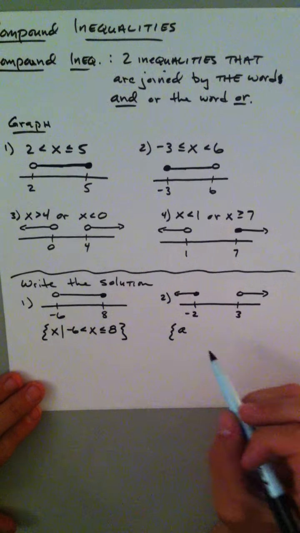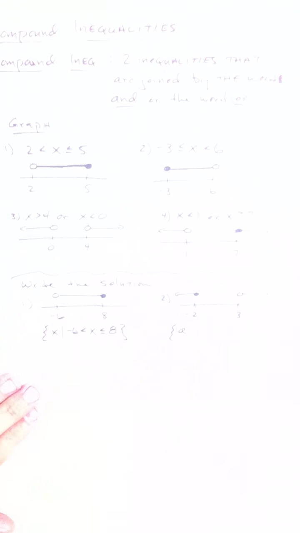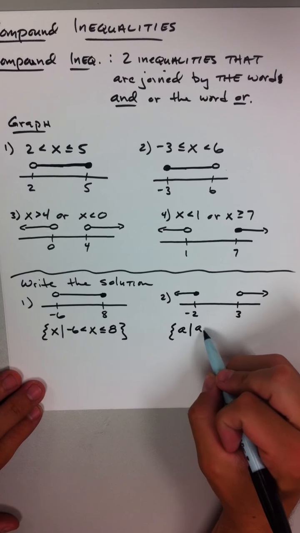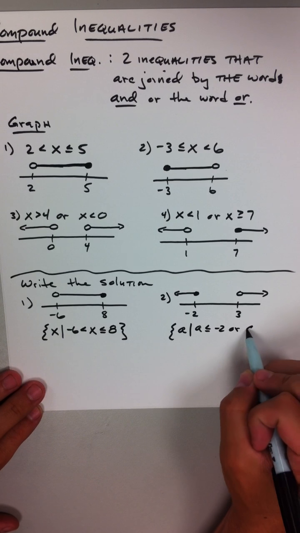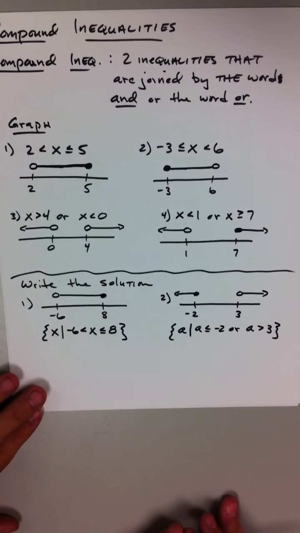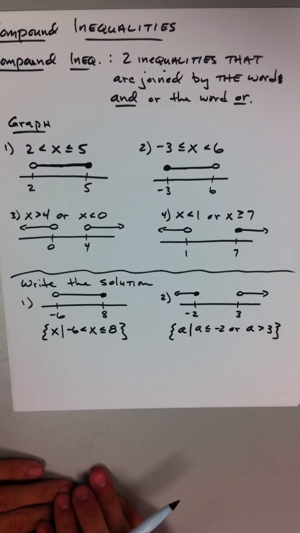All real numbers a such that a is less than or equal to -2, or a is greater than 3. Okay, so that's it for part 1 of compound inequalities.